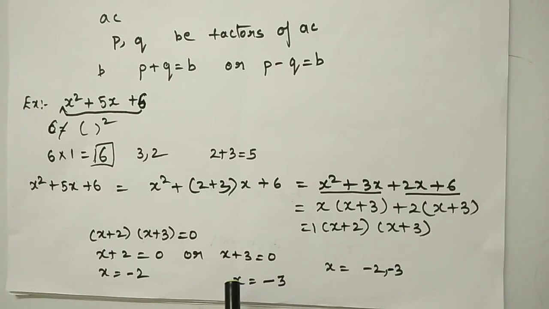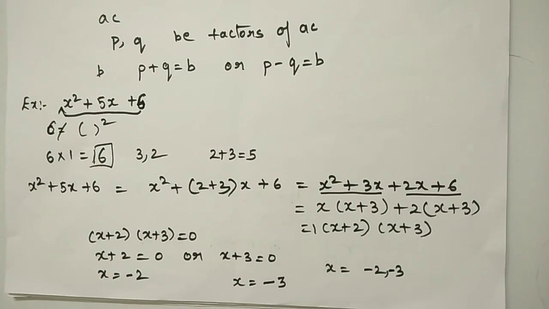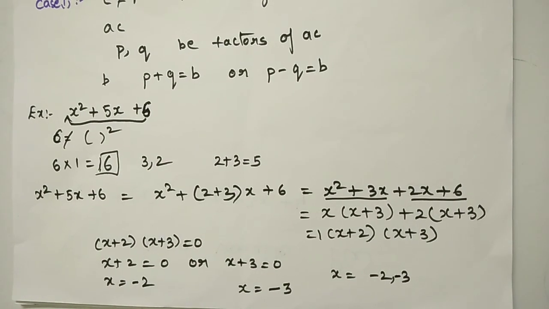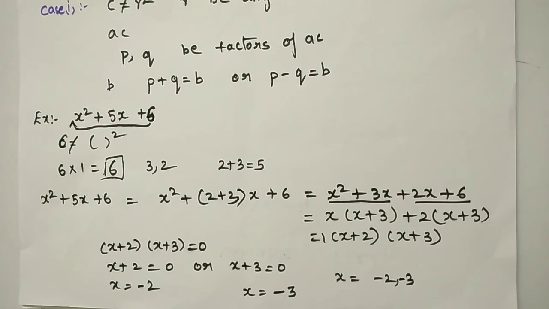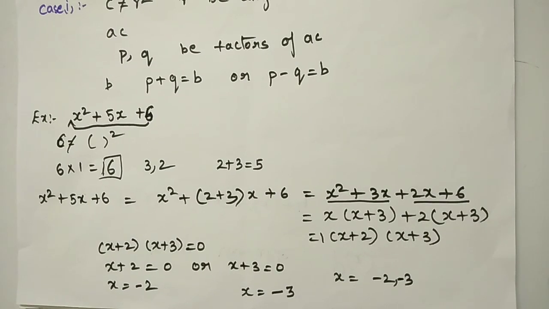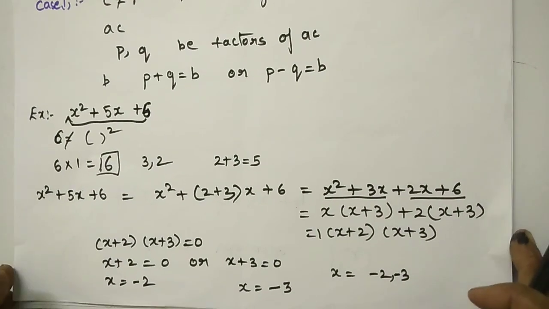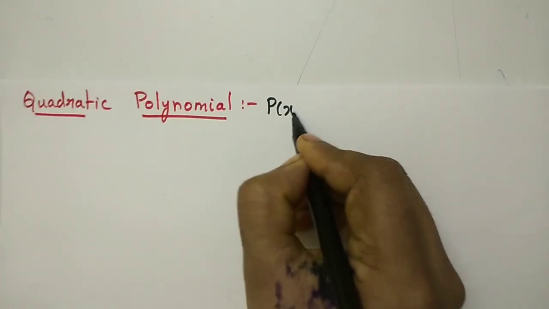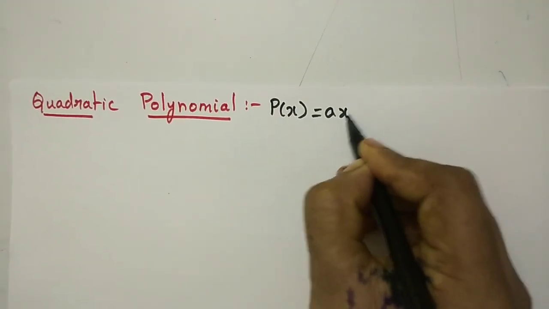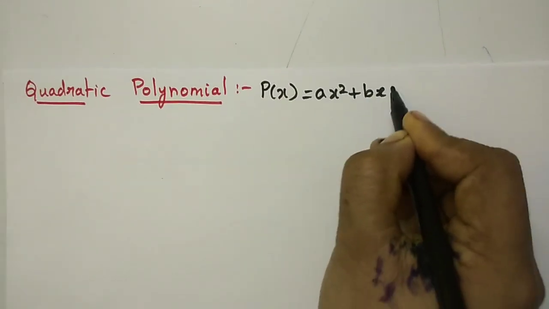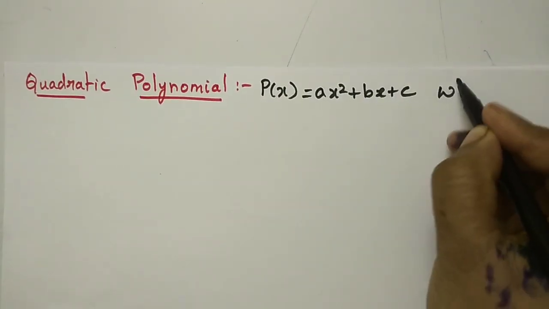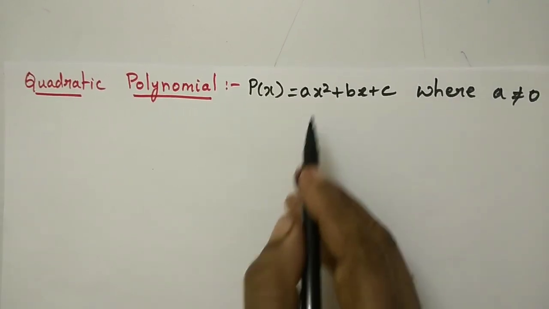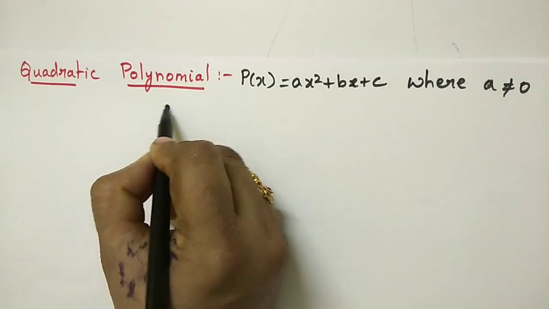So I think you got how to find the factors of an algebraic expression. Now let us go into our concept, that is the relationship between zeros and coefficients of a quadratic polynomial. The general algebraic expression of a quadratic polynomial is p of x is equal to ax square plus bx plus c, where a is not equal to 0. What is the degree of this polynomial?